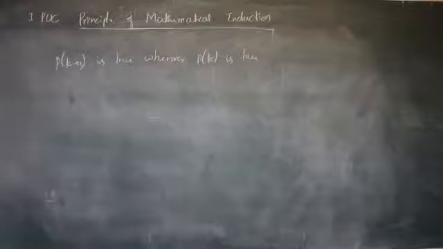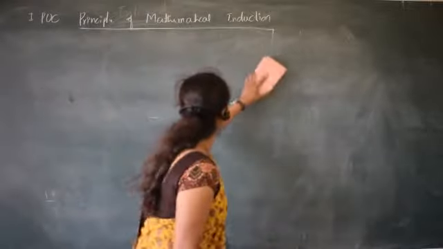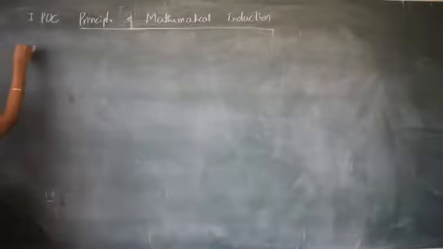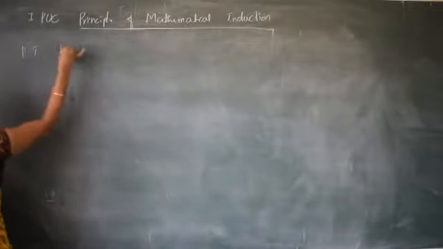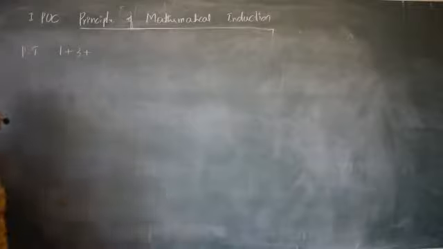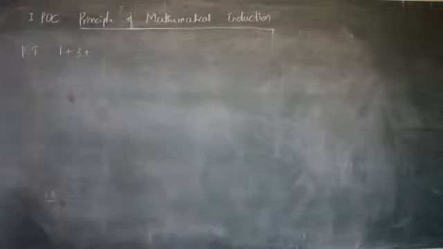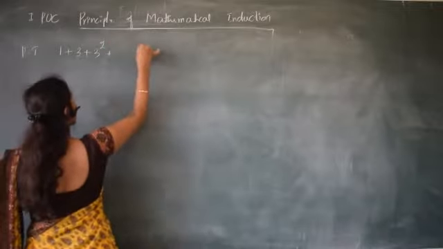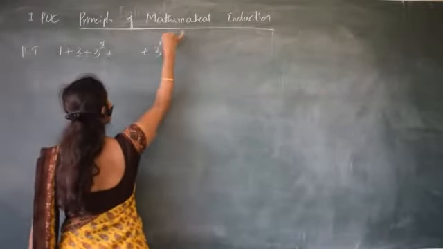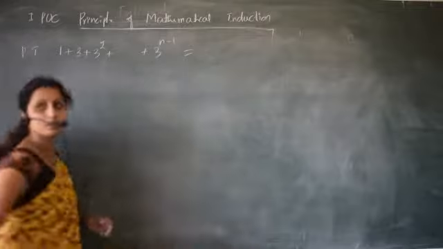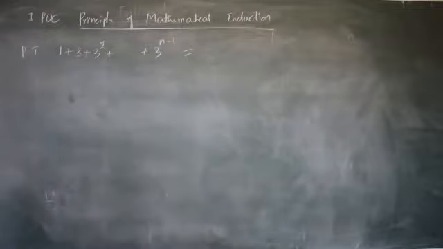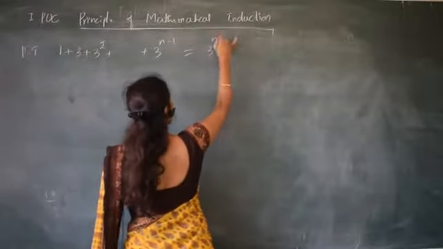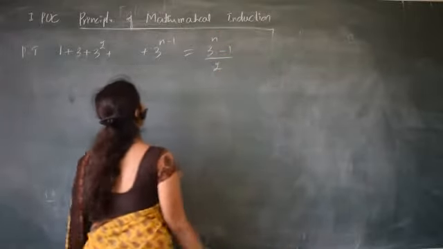Next one, we have to prove that 1 plus 3 plus 3 square, and so on up to 3 to the power n minus 1, is equal to 3 power n minus 1 divided by 2.